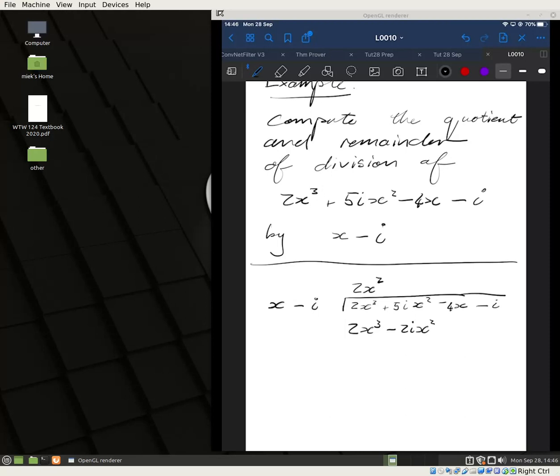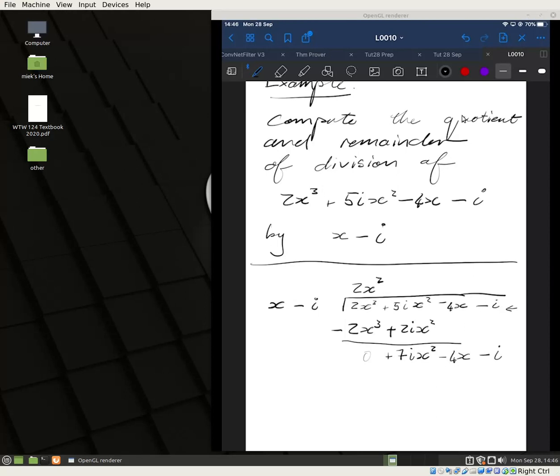And now we subtract this expression from that expression. So let's change all the signs and add everything together. So this of course becomes a 0, plus 7i x squared, and minus 4x minus i.